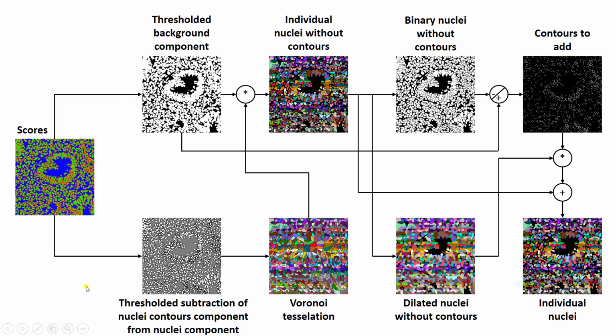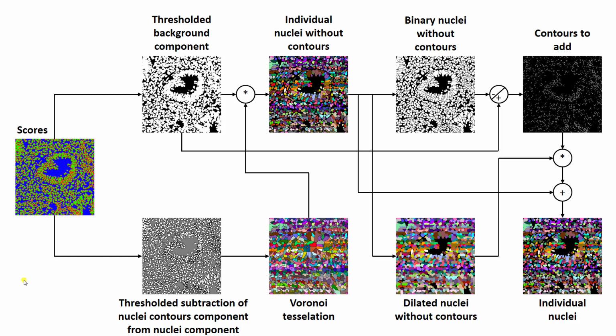How can we separate them? We can subtract the contours from the nuclei component and then threshold it. If we take a threshold at 0, every pixel for which the contour has a higher score than the inner nucleus is going to be used as the background to separate nuclei, and vice versa.